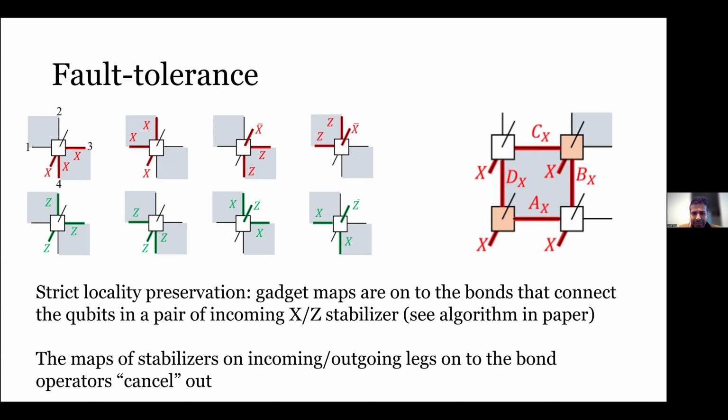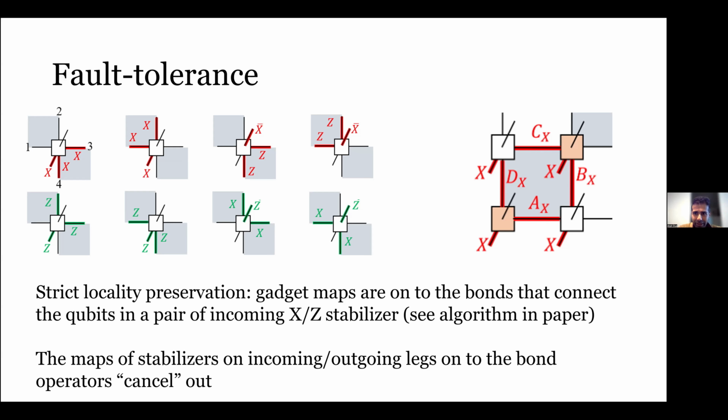And the other point that I want to note, which I've mentioned, is that the stabilizers that are supported on these incoming legs or the outgoing legs, because that's where we have the incoming stabilizer code and the outgoing stabilizer code, these map onto the bond operators in a way that algebraically you can see that these maps of individual Pauli operators cancel out on those bonds.